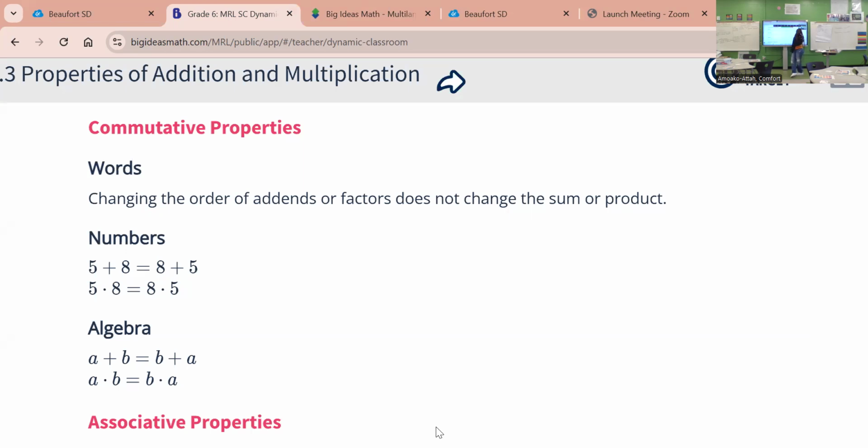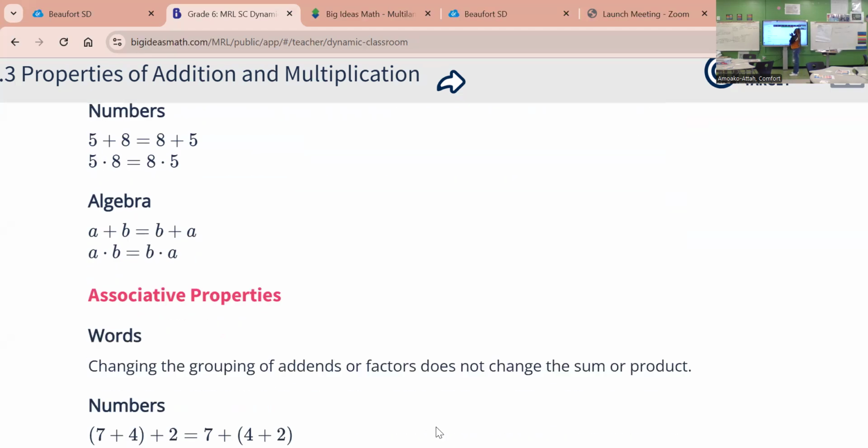Or 5 times 8 gives the same answer as 8 times 5. Algebra: a plus b should equal b plus a. And you know a and b are variables, so they represent numbers. a times b should be the same as b times a. That is the commutative property. Changing the order of the addends or the factors should not change the value of the sum or the product.